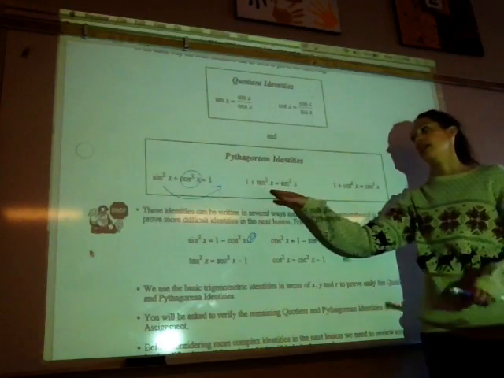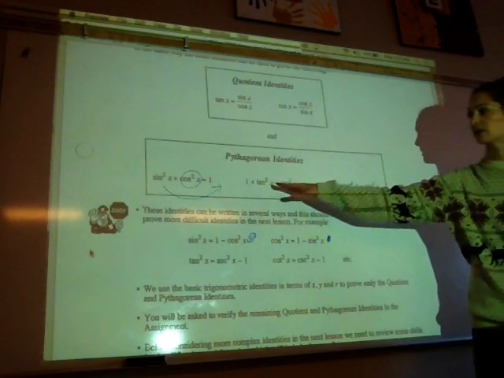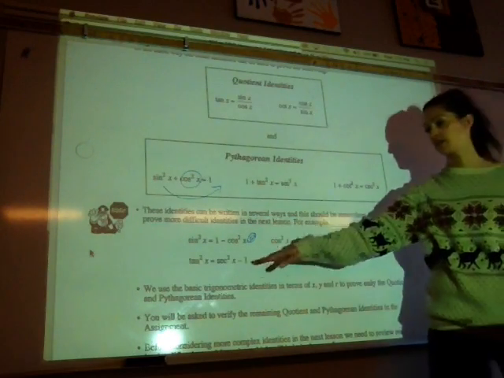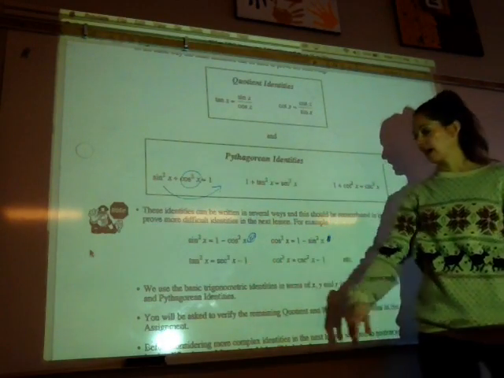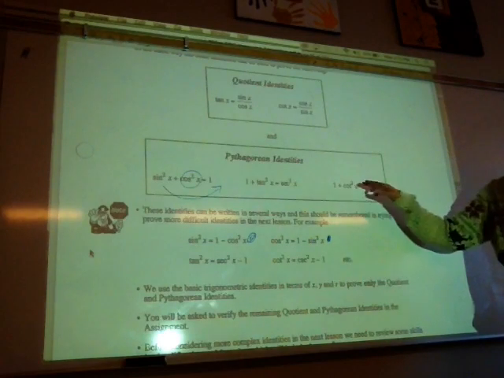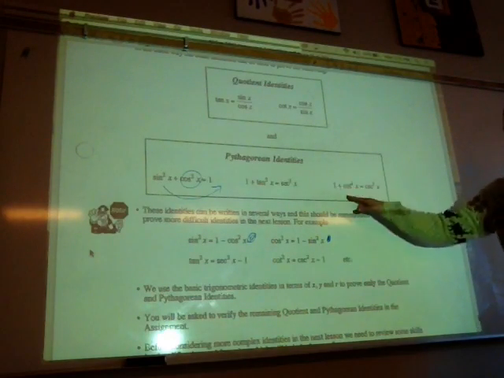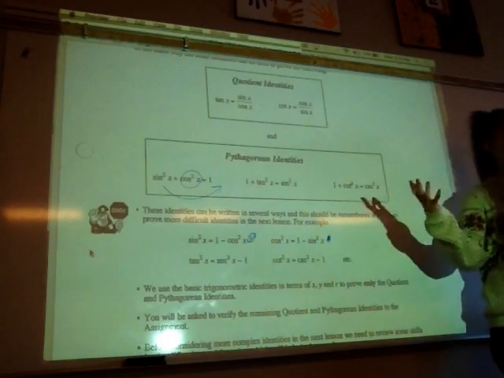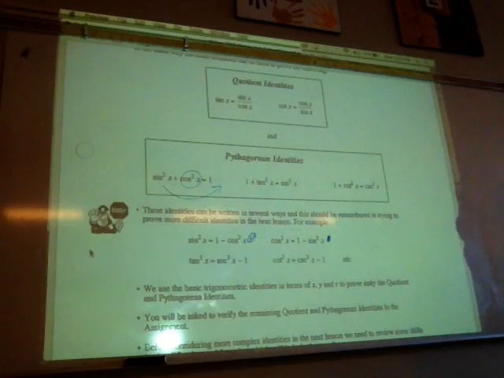Similarly, with 1 plus tan x squared equals secant x squared, if we want to isolate the tan x squared, we would just subtract 1 over, as we see here. And lastly, if we wanted to isolate the cotangent, we would just subtract the 1 to the right-hand side, and we'd get this here. So you can rearrange the identities, and it's good to see its versatility because you will need that when you're proving identities.